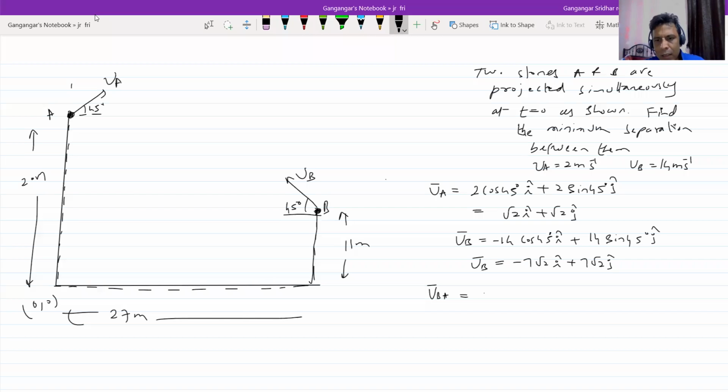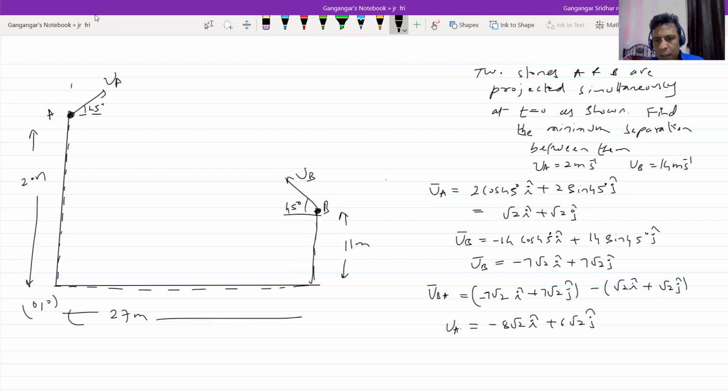So UBA will be minus 7 root 2 I cap plus 7 root 2 j cap, minus root 2 I cap plus root 2 j cap. So this will be minus 8 root 2 I cap, and 7 root 2 minus root 2 will be 6 root 2 j cap.